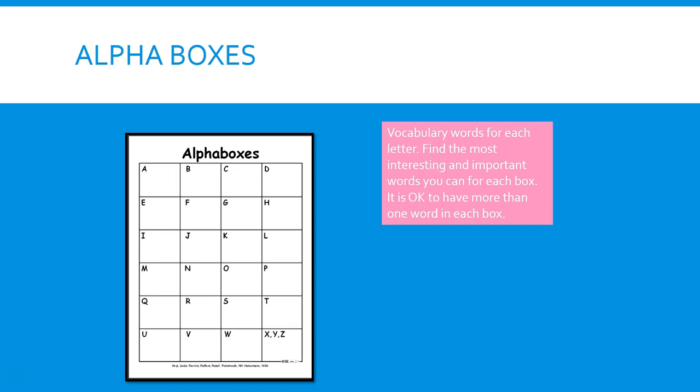This is just an example of what one type of alpha box can look like. There are all the letters of the alphabet, and from a specific content that you might be teaching, you would ask students to find an interesting and important word, and then based on the beginning letter, they would write the words in those boxes.